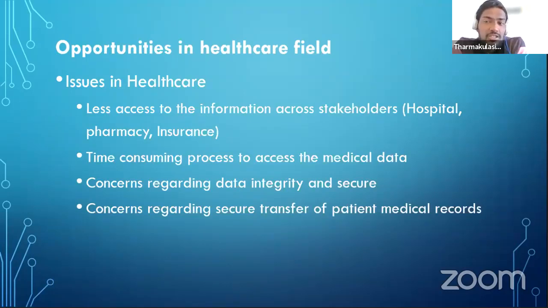If you even change hospitals, you need to bring written books. Data integrity and security is another issue. Patients' data is private and sensitive, and patients may be concerned whether it is sold to someone to earn money without their control or without notifying them. So those kinds of issues are there.